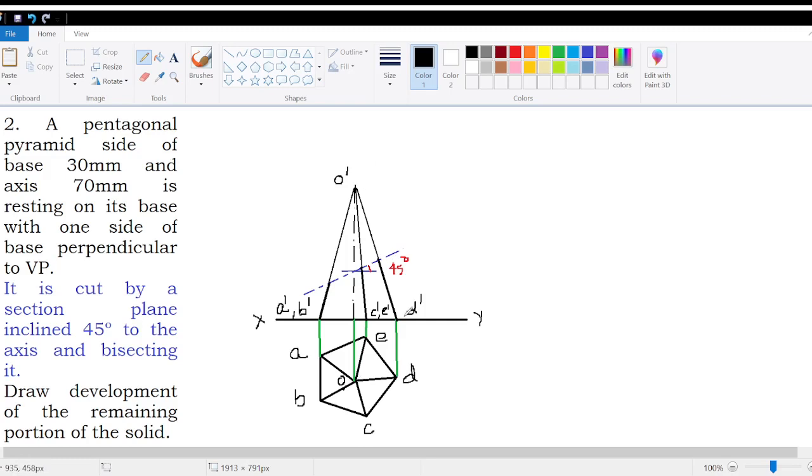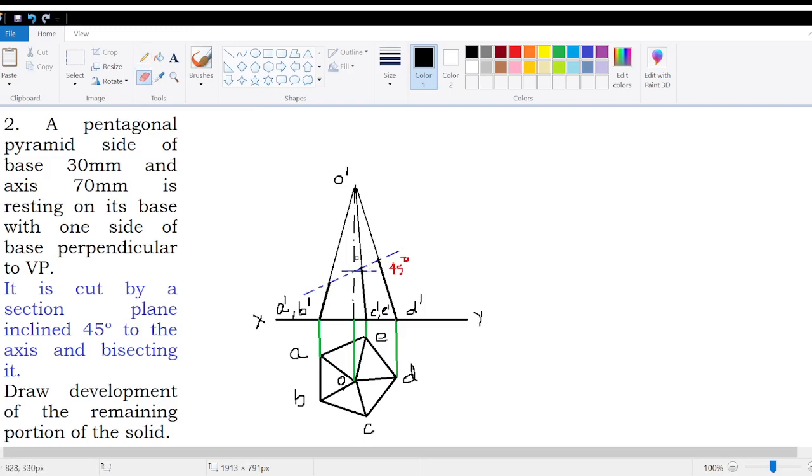Now the second case, it is cut by a section plane inclined at 45 degrees to the axis and bisecting it. Now this is the axis and it is being bisected. Bisected means from the midpoint.